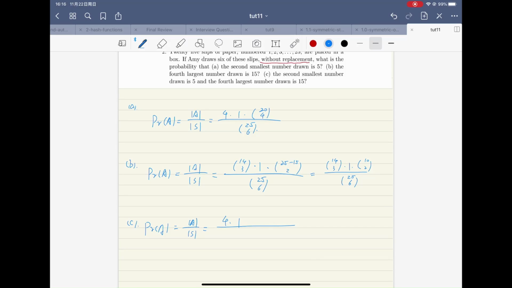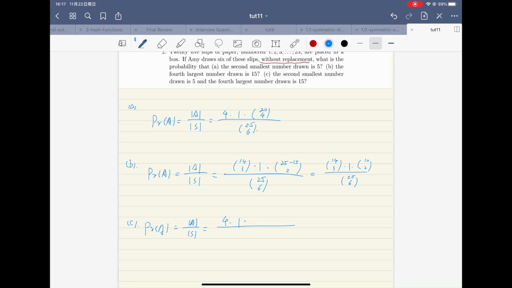And the third number should be between 5 to 15, right? And finally, the last 2 should be greater than 15.